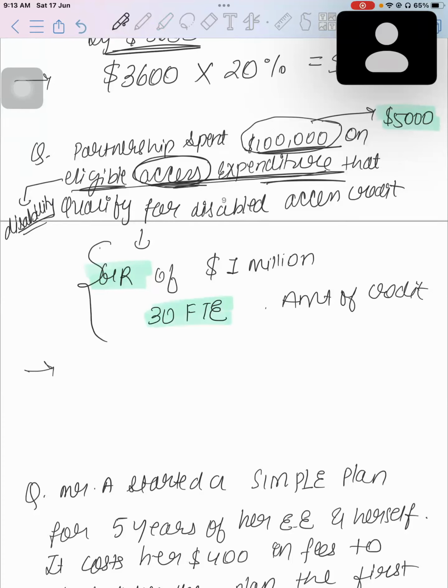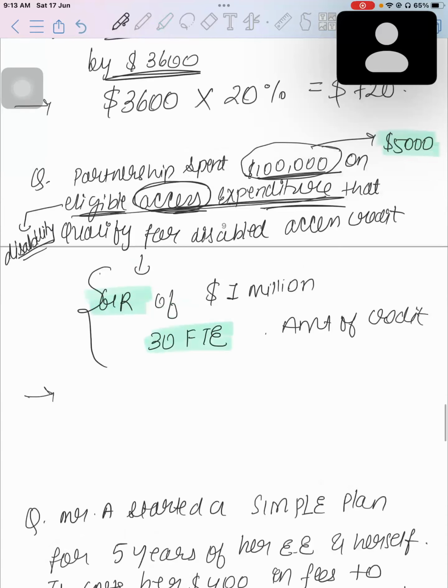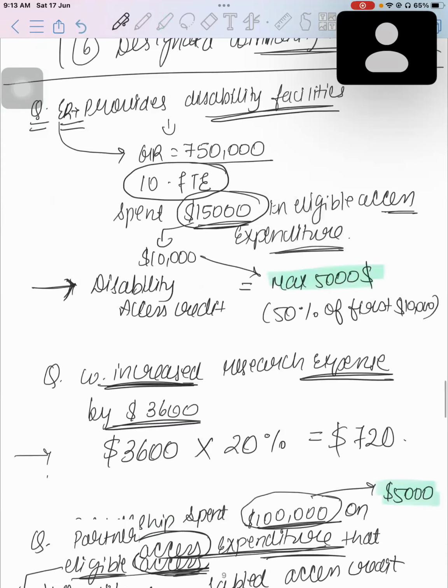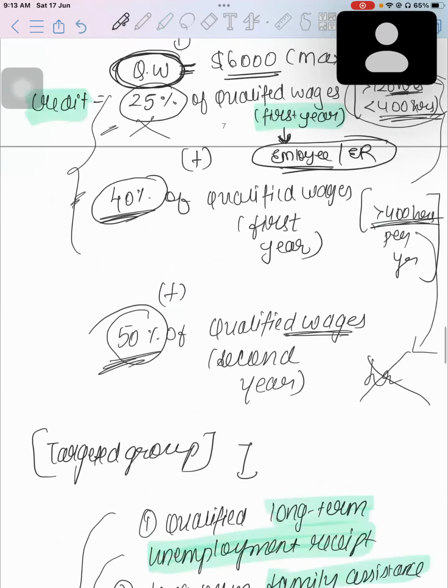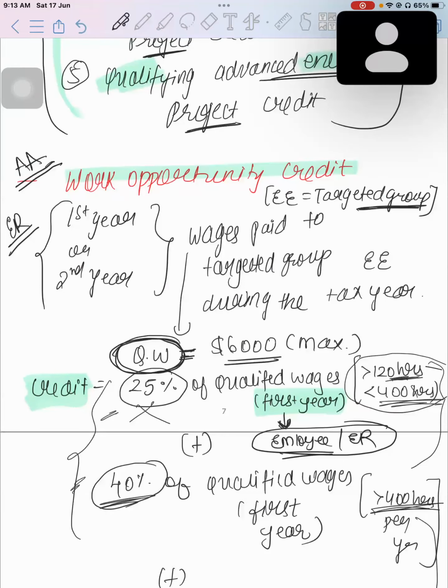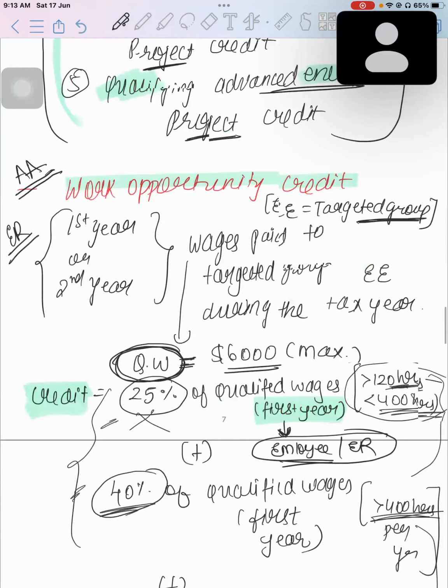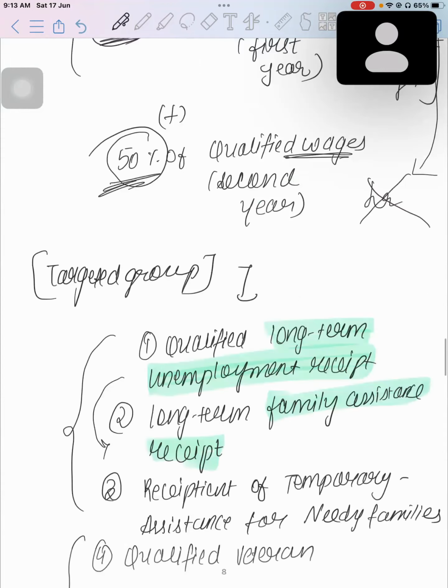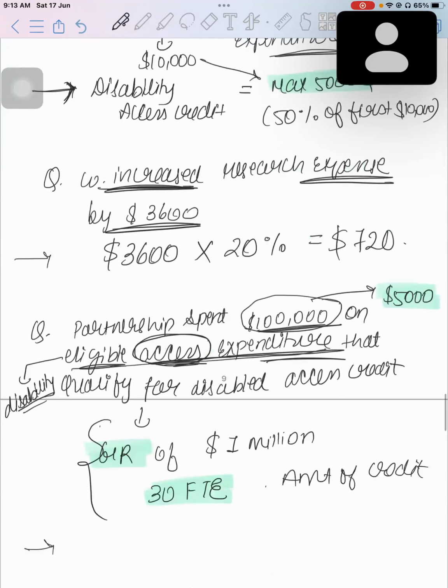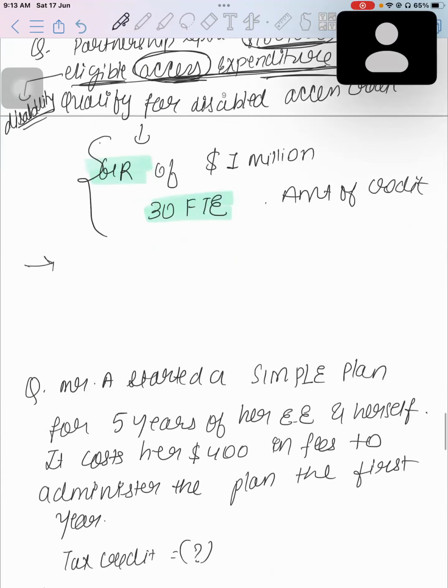You will say there was some criteria, like less than 25 FTEs, or they must have less than $5,000... so all these limits you have to remember. So guys, I request those who are going to appear in the exam, prepare a chart for each and every credit and highlight the criteria, or else all the credits will be mixed up and you will not have a proper answer in the exam.